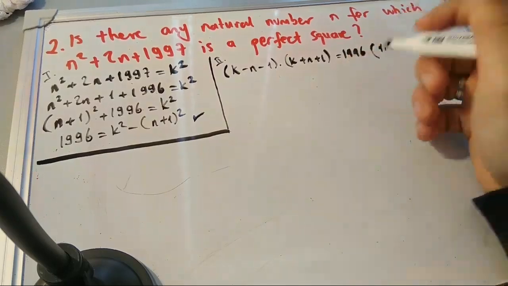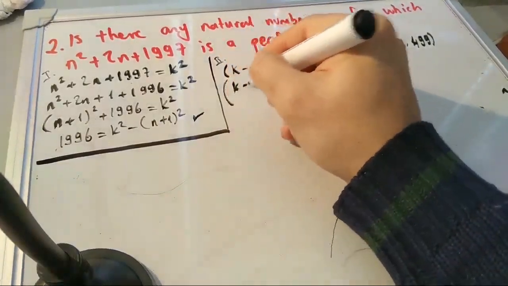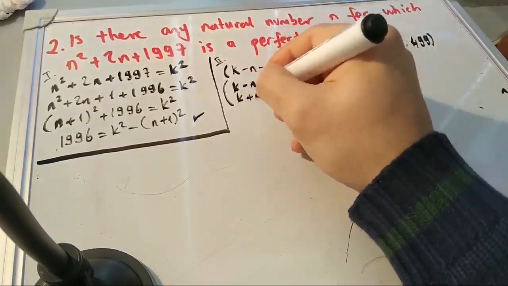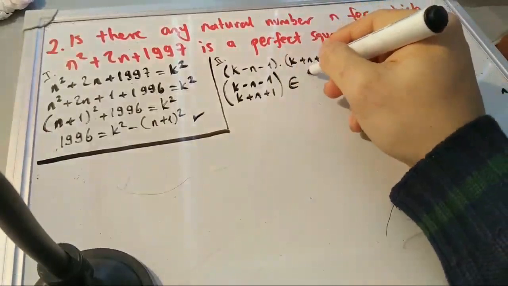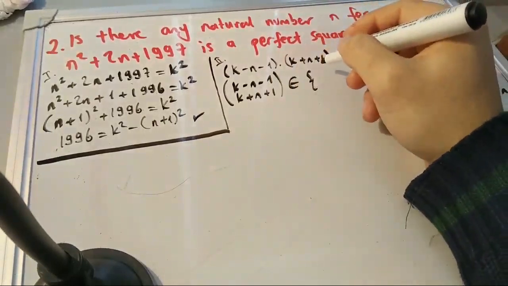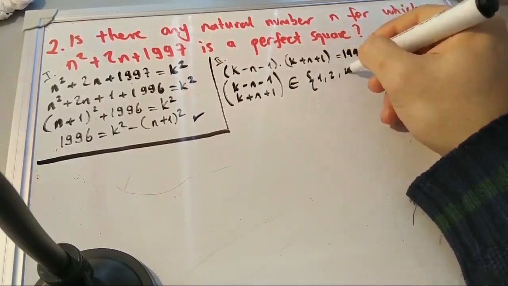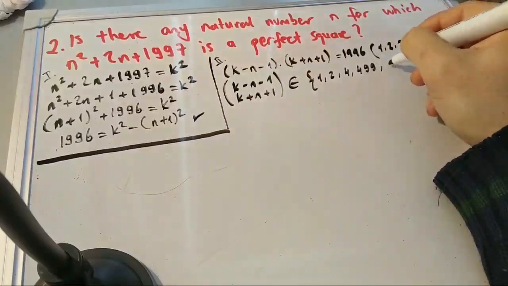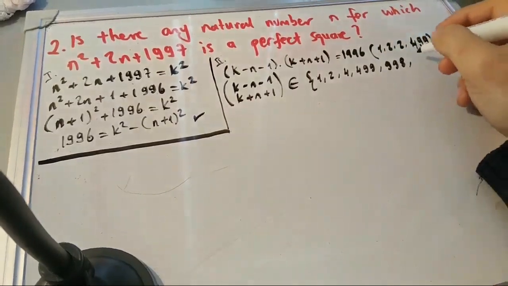So automatically we can say k minus n minus 1 and k plus n plus 1 are elements of 1, 2, 4, 499, 998 and finally 1996 itself.